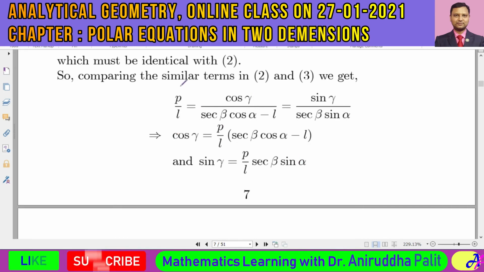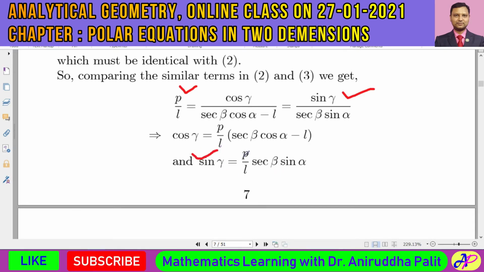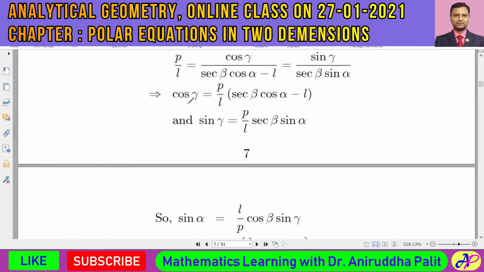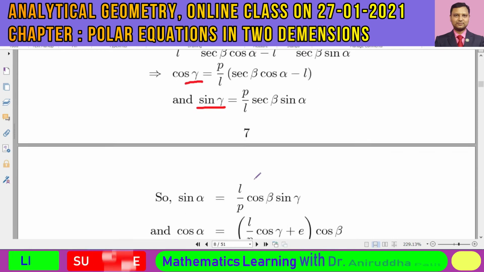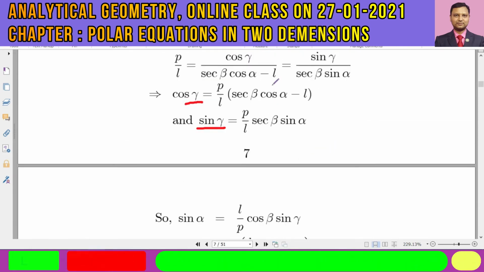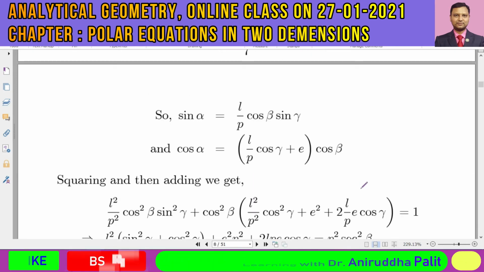Similarly, from the first ratio and the last ratio, we can compute the expression of sine gamma. And from these two expressions, we observe that we can also compute the expression of cos of alpha and sine of alpha.